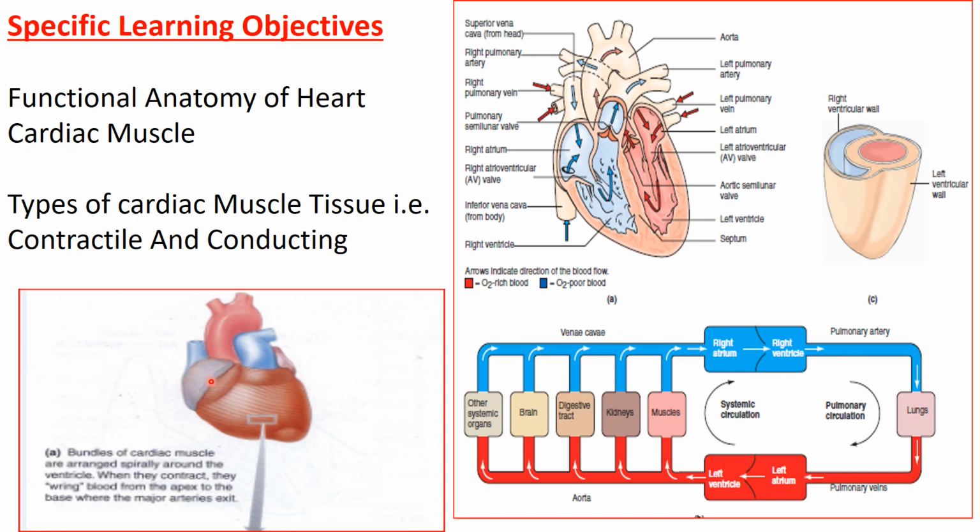The wall of the left ventricle is thicker as compared to the wall of the right ventricle. Another important point in this diagram is that from the heart the oxygenated blood goes to different parts of the body and these blood vessels are in parallel to each other.